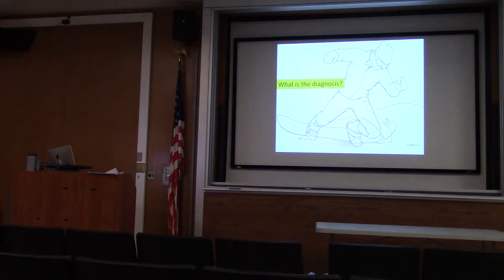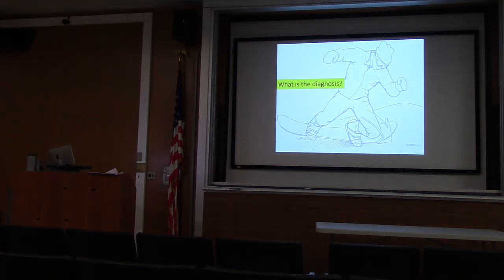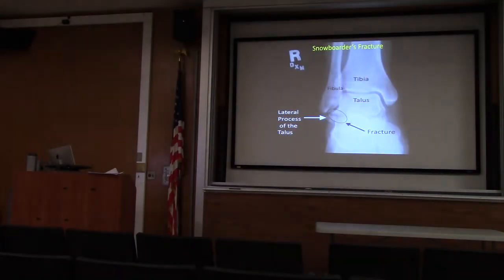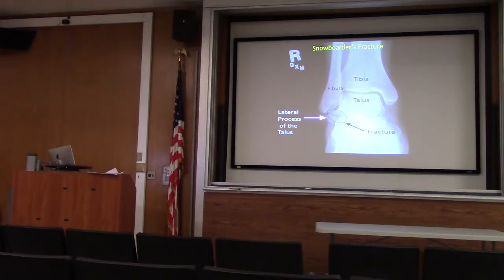But it's much easier to see, and this is what's called, do you guys know what this is called? It's actually called a snowboarder's fracture. It's a fracture of the lateral process of the talus. So it's right here.